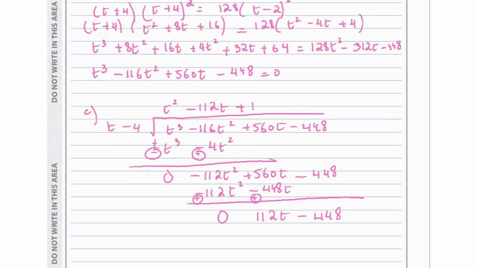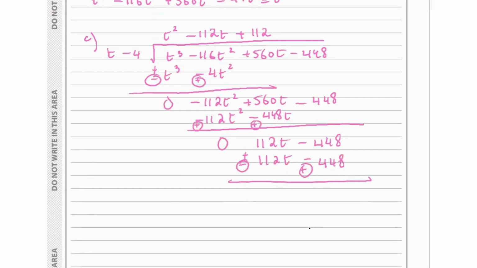So plus 112, that's going to be 112t. It's positive, we make it negative. 112 times 4 is going to be 448. Negative in this case, make it positive. So we subtract it and that gives us 0. So there's no remainder. So it's (t minus 4) times (t squared minus 112t plus 112).